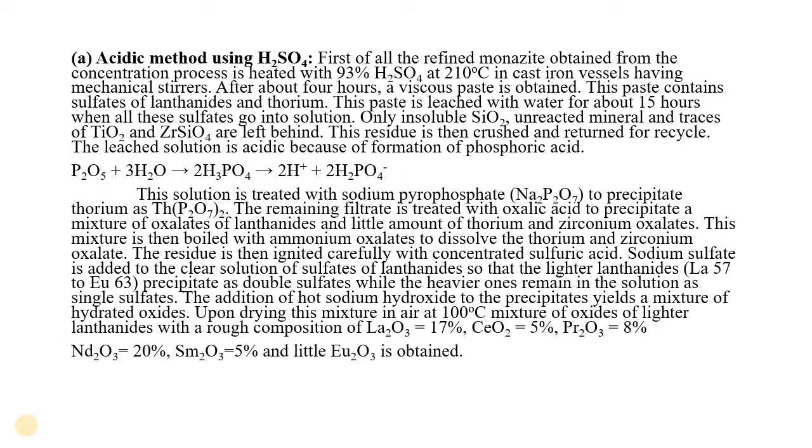How is the acidic method used? In this method, refined monazite, which has been obtained by the concentration process, is heated with 93%, that is concentrated, sulfuric acid at 210 degrees Celsius in cast iron vessels having mechanical stirrers, mechanical mixers.